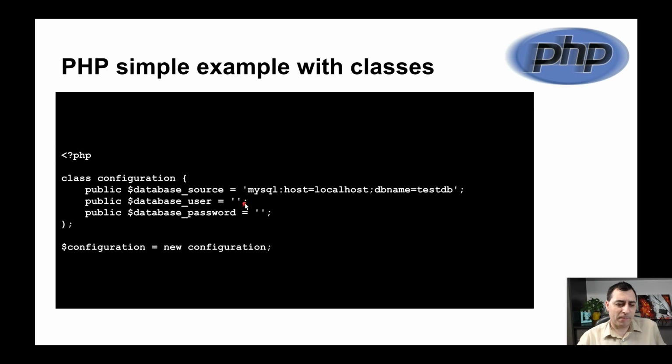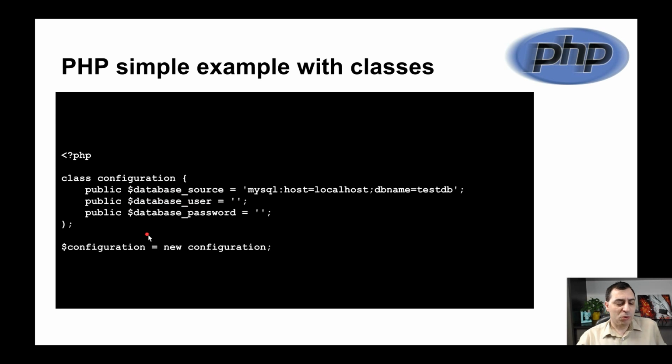This is for security reasons. If these values are going to be used in production, you should not commit this to your version control repository with the production username and passwords, because that could disclose sensitive information to people that should not be aware of it.